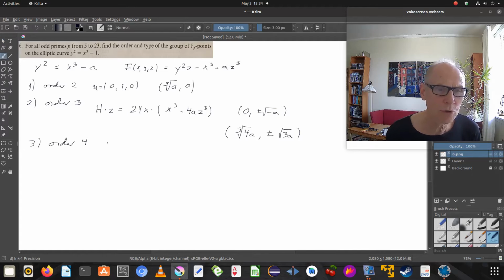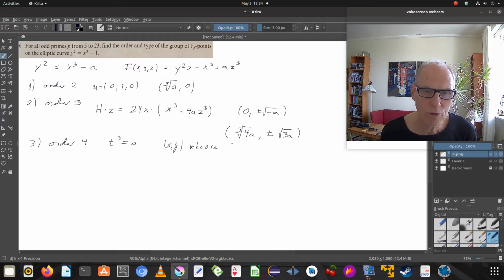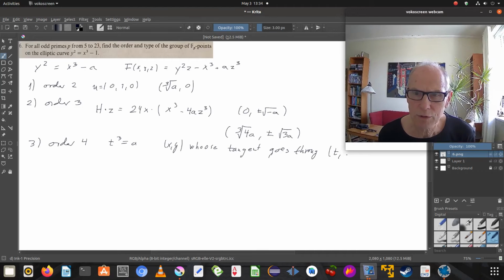So we choose one cubic root, t, and then a point x, y on the curve whose tangent goes through the point t, 0.